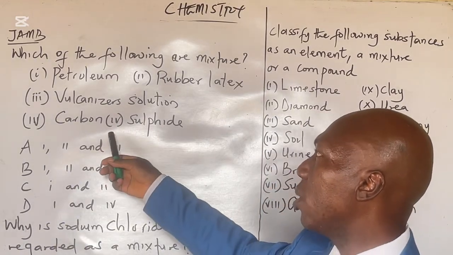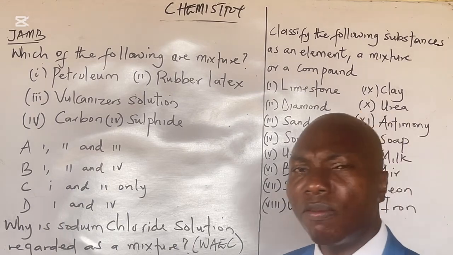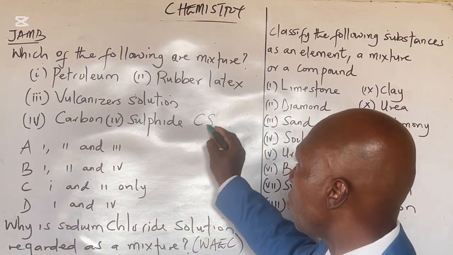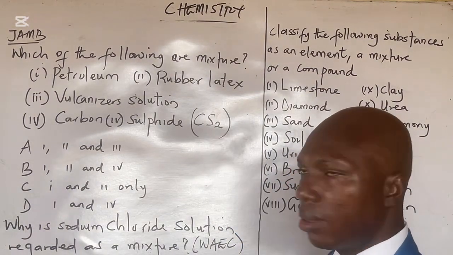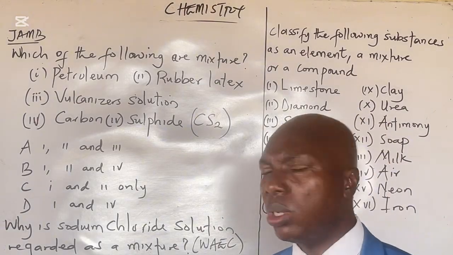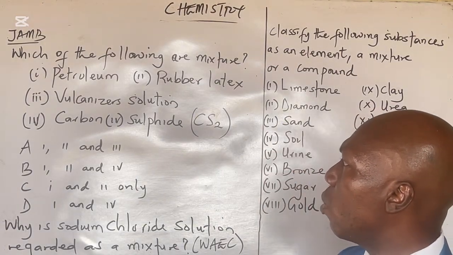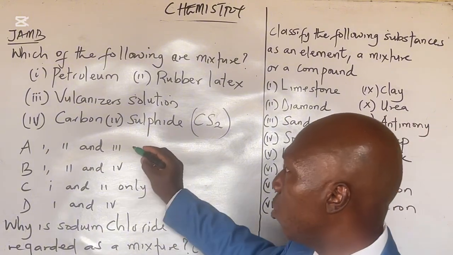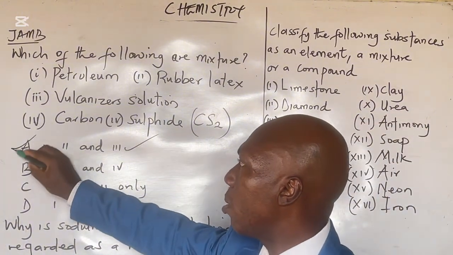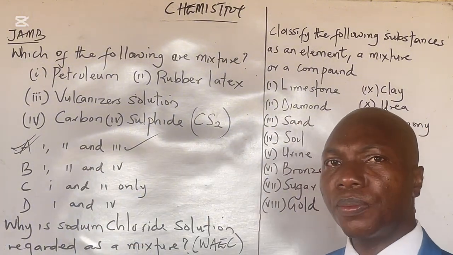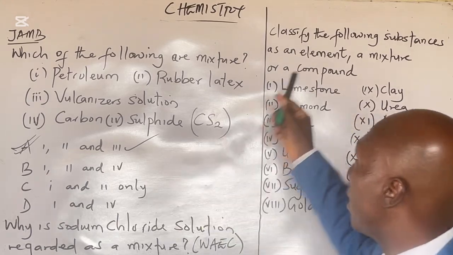Carbon 4 sulfide is written as CS2, which is a compound. So the only answer here is 1, 2, and 3, which is this option.